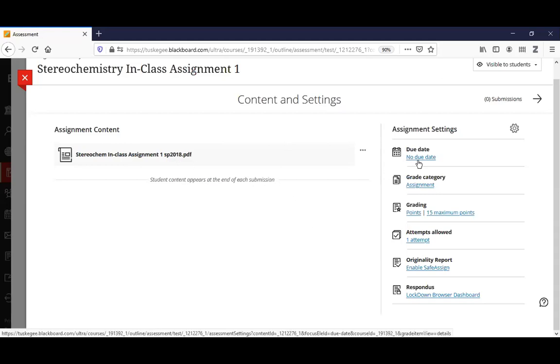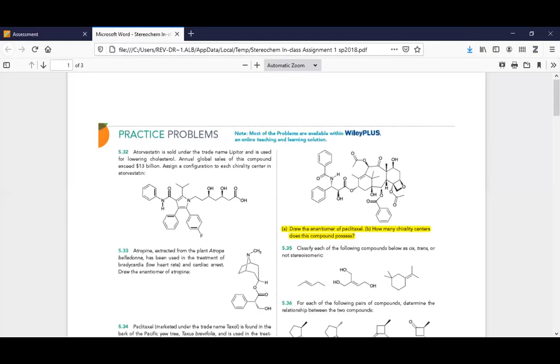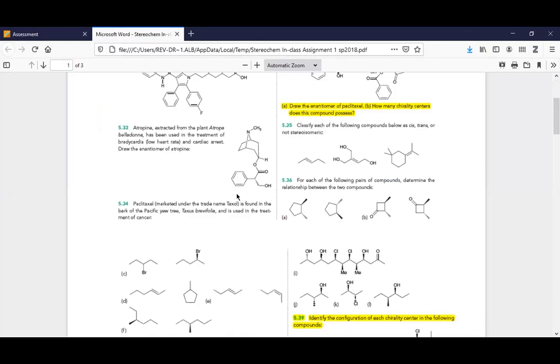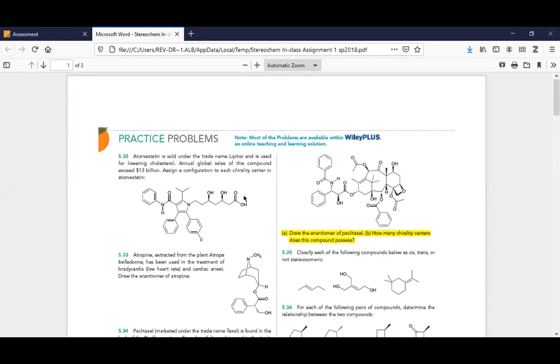But based on what I see over here, there must be a submission link in with that assignment. I have to open it this way. I just want to make sure that it's the right handout. Yep, it is. So this is the first handout that we're gonna be working from. We're gonna start working from it today, actually.